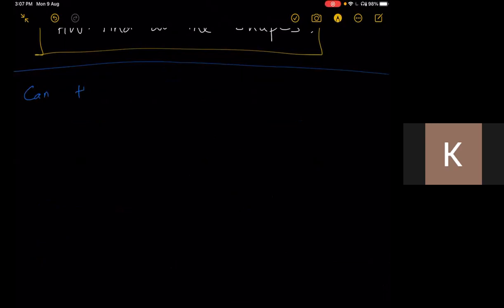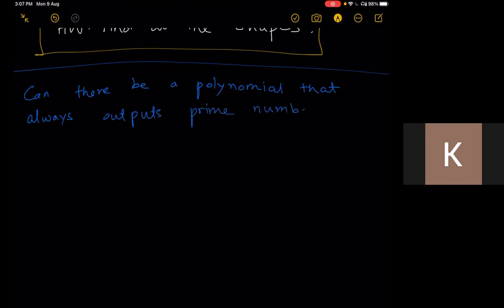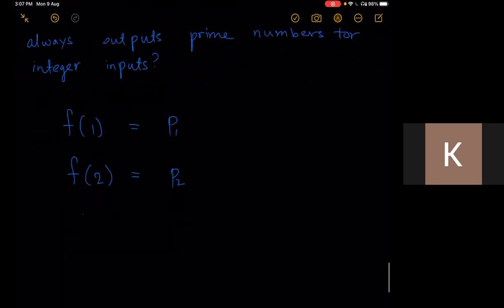can there be a polynomial that always outputs prime numbers for integer inputs? Like, f(1) equal to some prime, f(2) is some other prime, and so on.